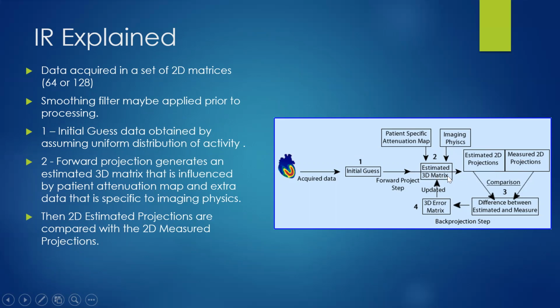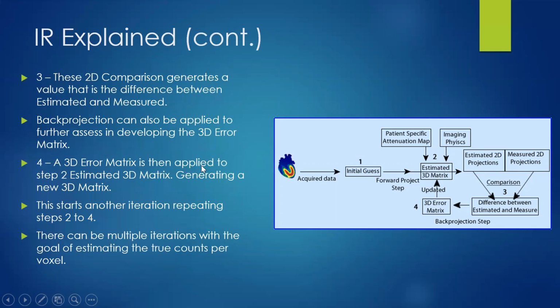The estimated projection at a 2D level, slice by slice, is then assessed and compared, and a differential is created. It's usually a minus or a plus to the individual voxels and pixels on the scan.